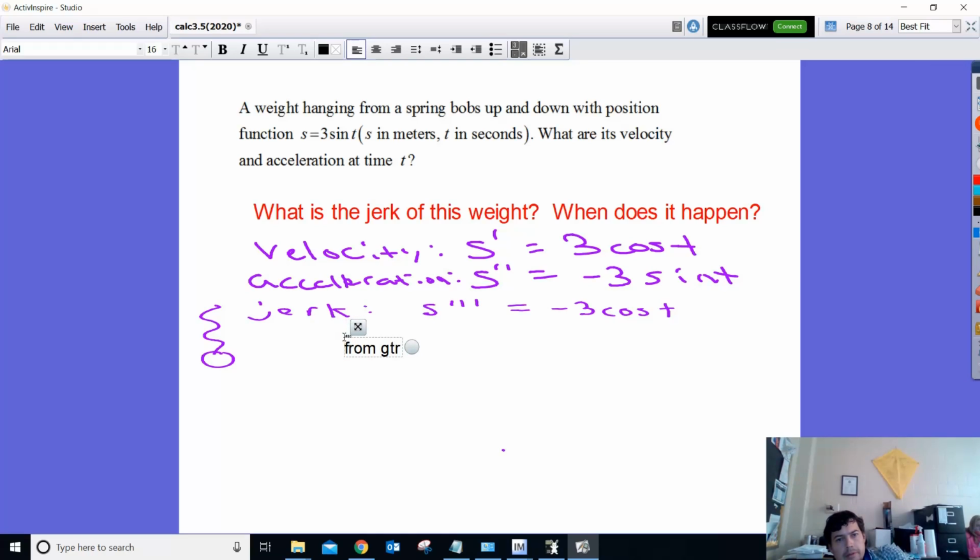So from the graph of -3 cosine of t, it's 0, pi, 2 pi, and that pattern goes on forever. That's when the jerk happens. Kind of weird to measure time in pi, isn't it? It's 3.14 seconds, 6.28 and so forth, but it's just perfect.